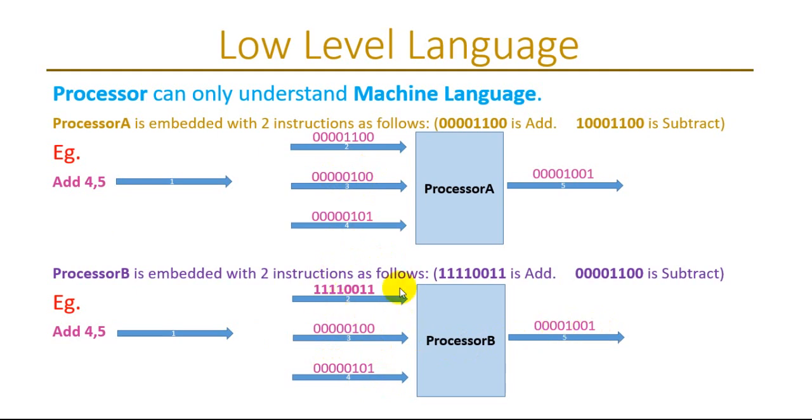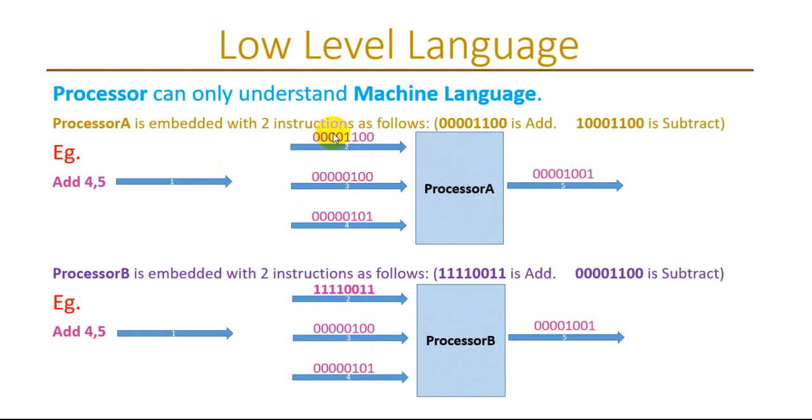Different binary values are going in here, especially this one, but the result is the same because in this processor this is embedded as add. So when these go in, it knows these two have to be added, it adds them and returns the value. Again, this processor, when this comes in, it knows it's add and it adds these two and returns the same value. So if you look at the output, both are giving the same thing, right?